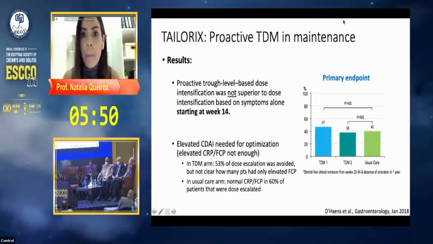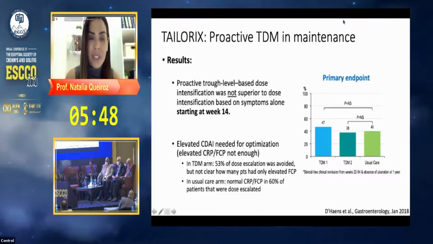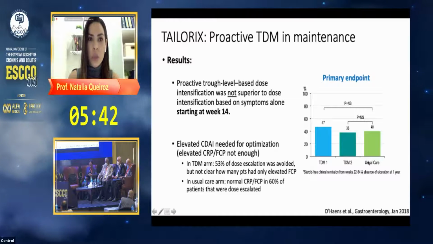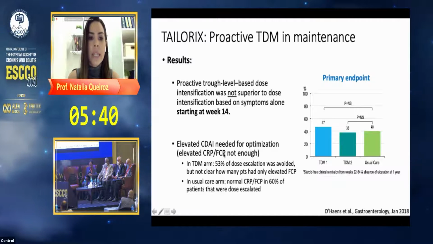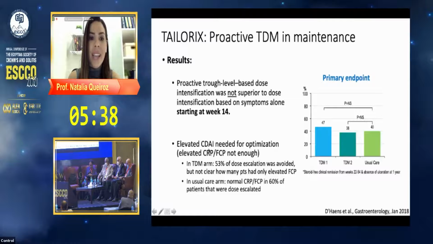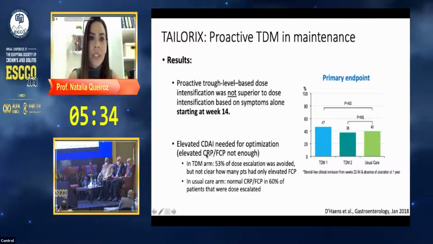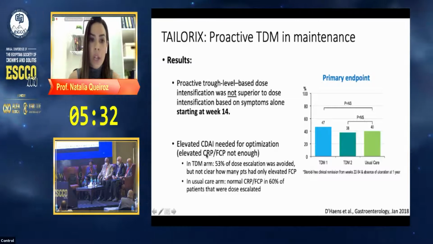The major drawback of this trial, which compared two strategies of proactive TDM against the usual care, is that elevated CDEI was really needed for optimization. Just elevated biomarkers was not enough.